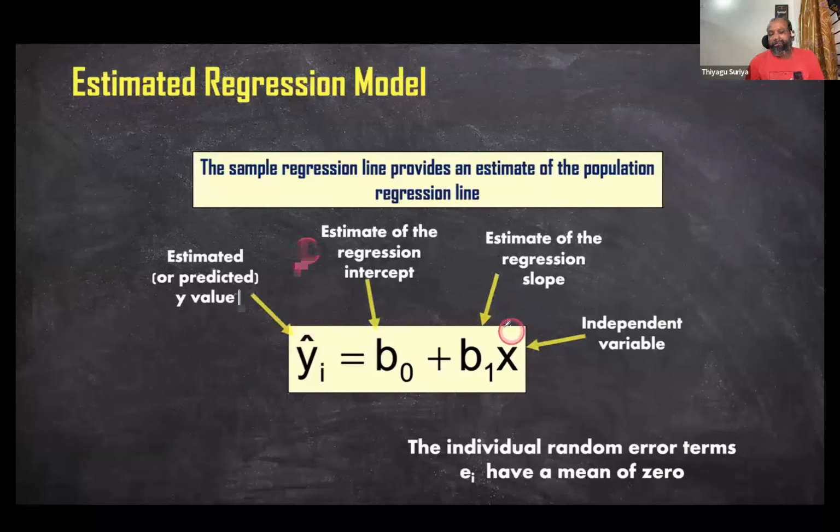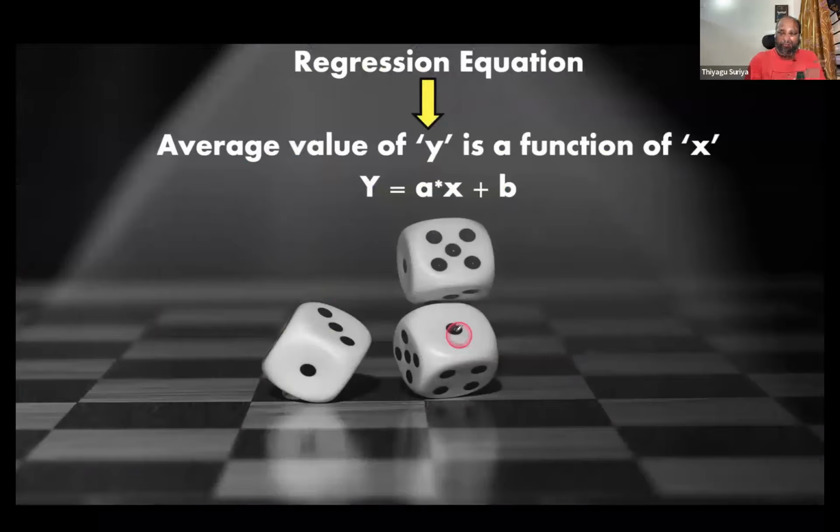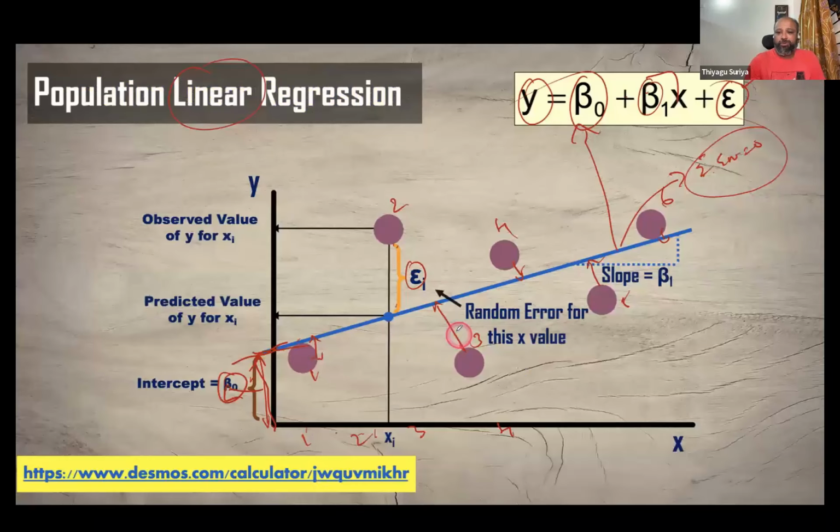The same thing without error: Y is equal to B0 plus B1 X. Here B0 is called the intercept, and B1 is called the slope. I'm just showing this example, so according to this slope B1, this is the slope.